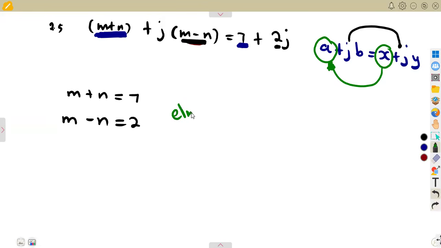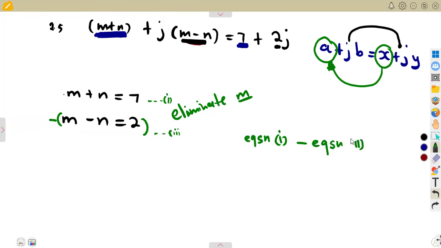Let me eliminate m. To eliminate m, it is positive in both, so I can subtract equation 2 from equation 1. This is our equation 1 and this is our equation 2. So I'm going to subtract equation 1 minus equation 2 to eliminate m.